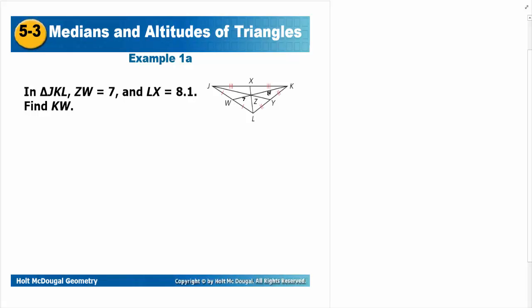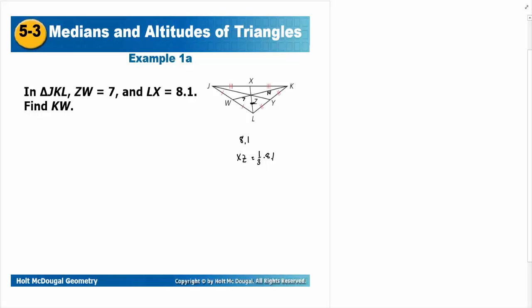If that's x, that's 2x. I know that LX is 8.1, so the whole thing is 8.1. So if that's 8.1, what we're going to do to find XZ, I'm just going to go 1/3 times 8.1 because it's 1/3 of the total length.